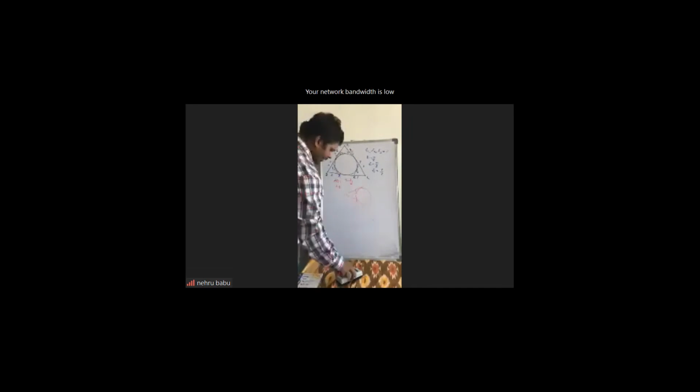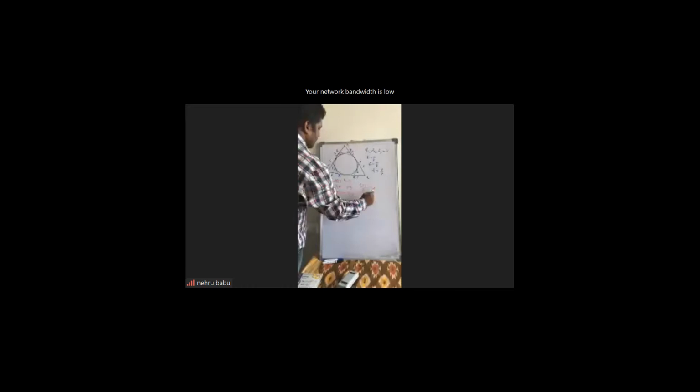So what will we get here? Sides will become 4 minus X, AD length is 4 minus X, AE length is 4 minus Y, and DE length is coming like X plus Y. And if you see our original triangle, that side AD is corresponding to opposite to C. So 4 minus X by 7.